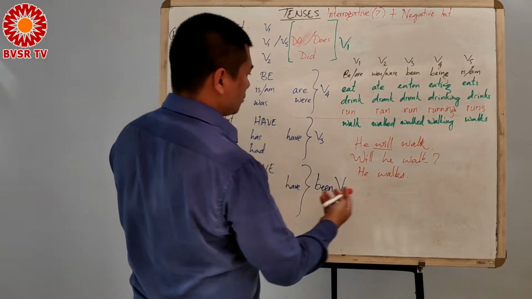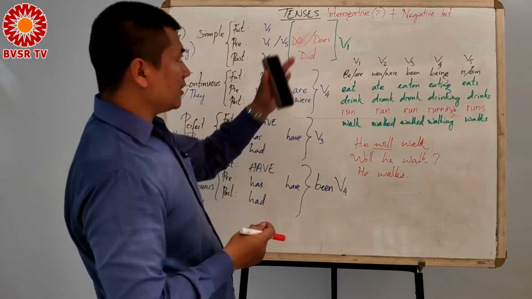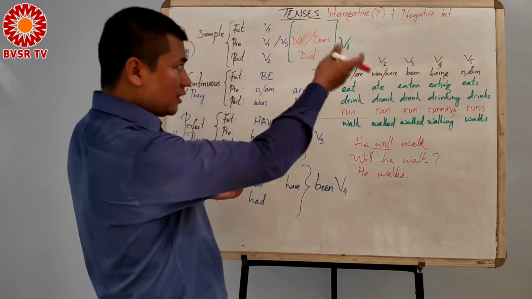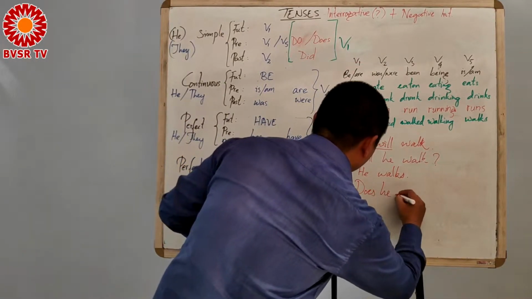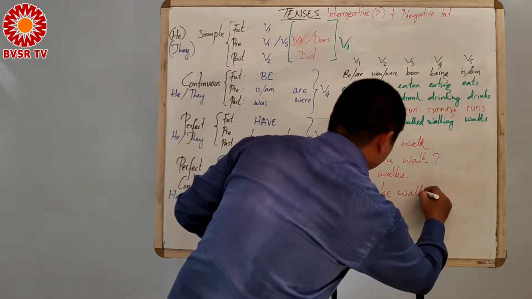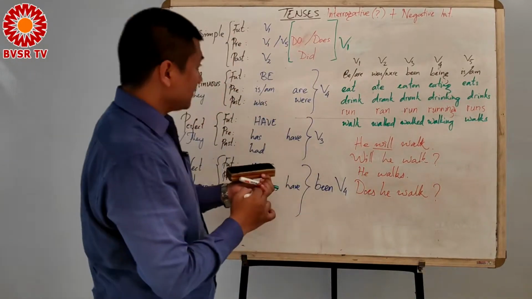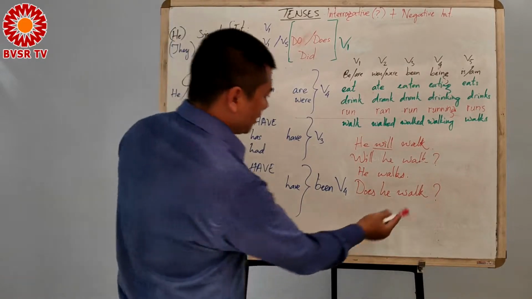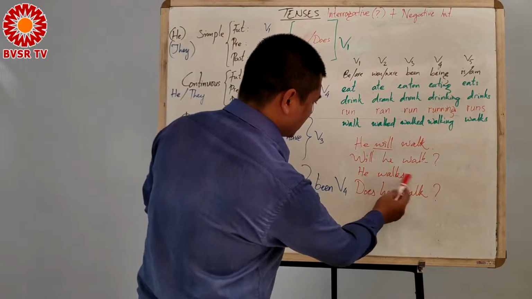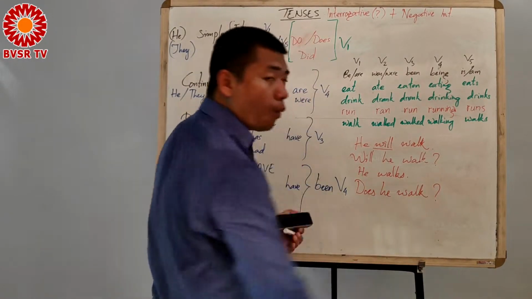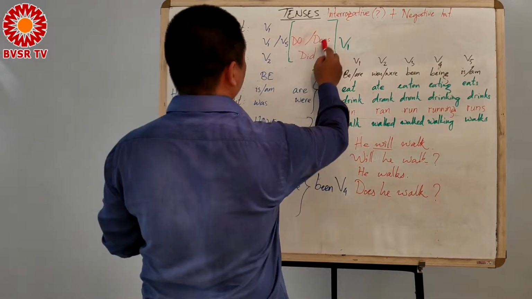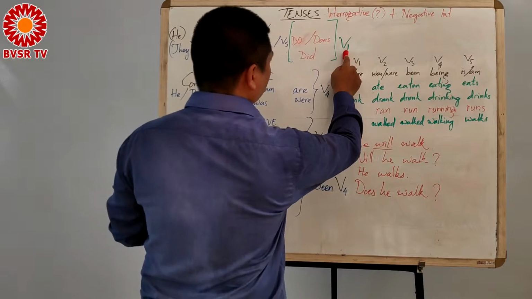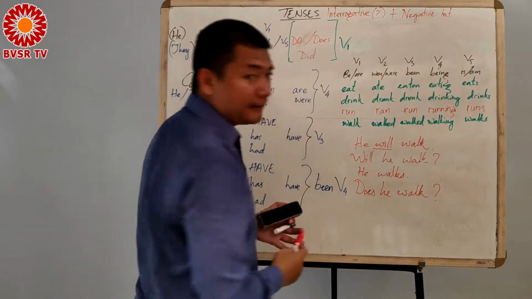Now we have to use does here, even in the interrogative, and even in the negative interrogative. We have to say, does he walk? So keep in mind, here it is walks in the positive sentence, but we have to use walk only, not walks, because the moment you use the do family, every time the main verb will be V1. Keep in mind.